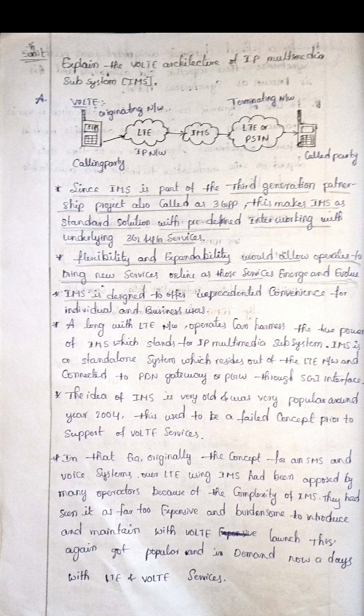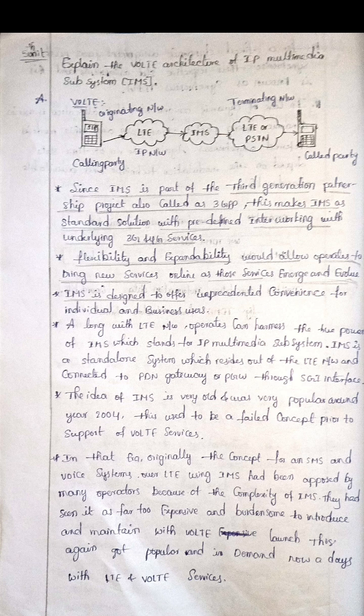Flexibility and expansibility would allow operators to bring new services online as those services emerge and evolve. IMS is designed to offer unprecedented convenience for individual and business users. Along with the LTE network, operators can harness the power of IMS, which stands for IP Multimedia Subsystem.